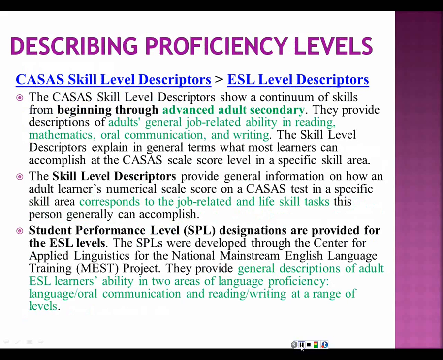Okay, next we're going to look at the CASAS skill level descriptors. This is in particular for adult learners. So the CASAS skill level descriptors show a continuum of skills from beginning through advanced adult secondary. Okay, so this is the type of learner. They provide descriptions of adults' general job-related ability in reading, mathematics, oral communication, and writing.